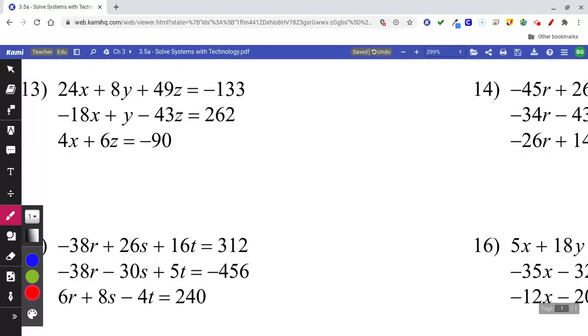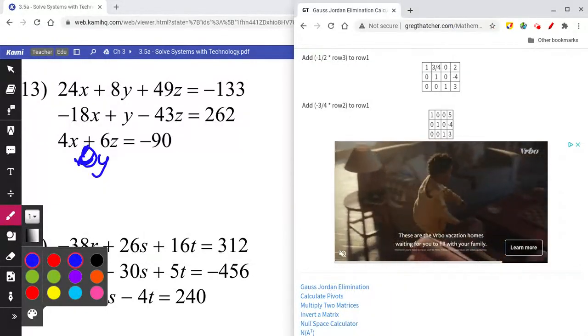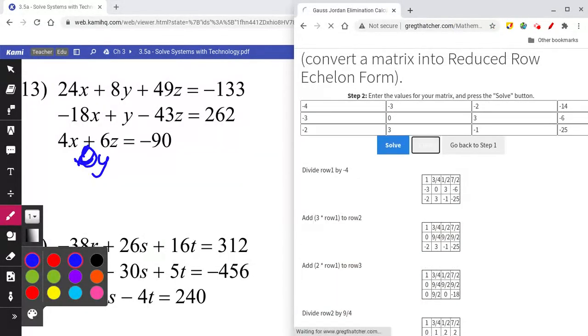So 13, again, 13 is pretty much all set. Let's see what's missing. 0y down here at the bottom. Okay. Clear.